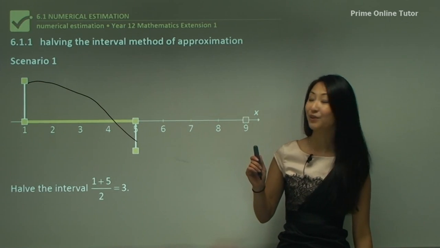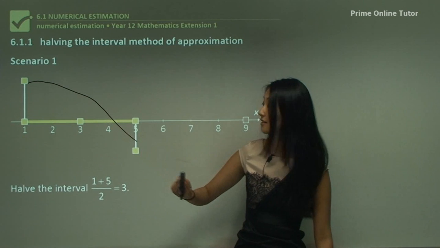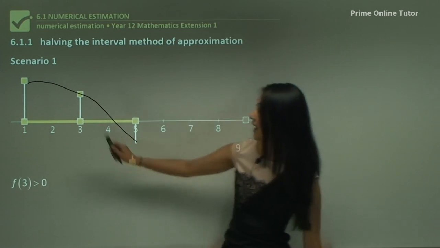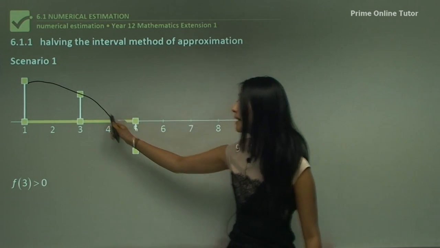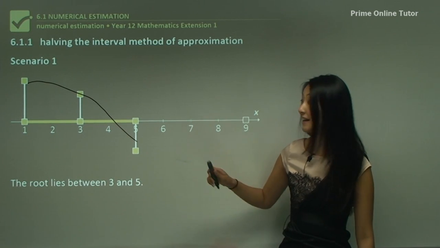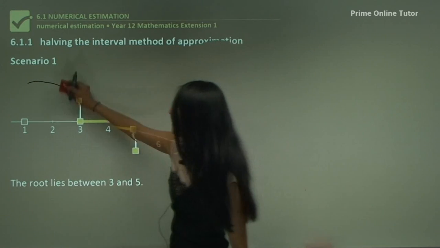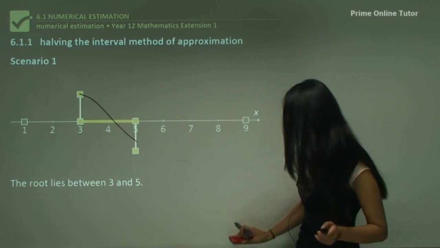So halving the interval again between 1 and 5 is 3. So testing 3, we find out that it's positive, okay? So now we have this positive and this negative, so we say it's probably going to be between them, which means since a root lies between 3 and 5, we can now eliminate between the two positives, all right? So now we've narrowed that interval again.